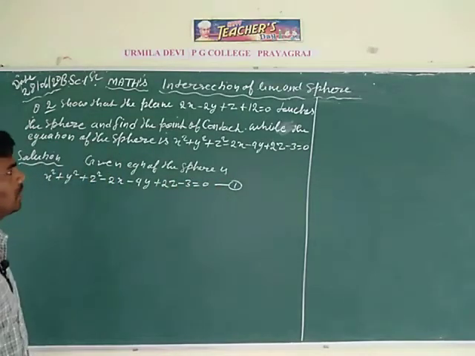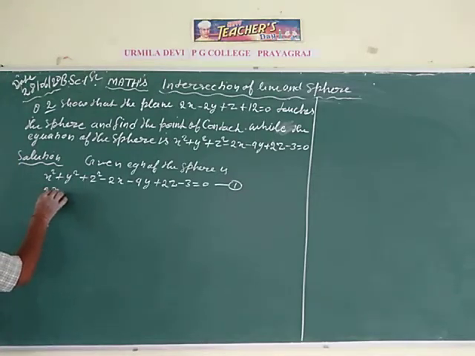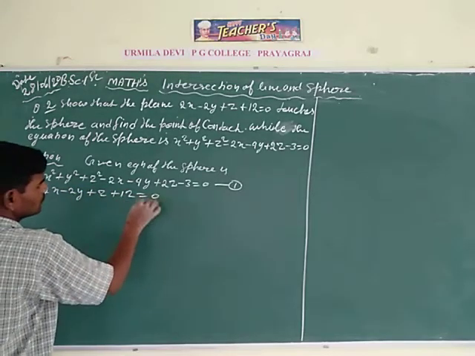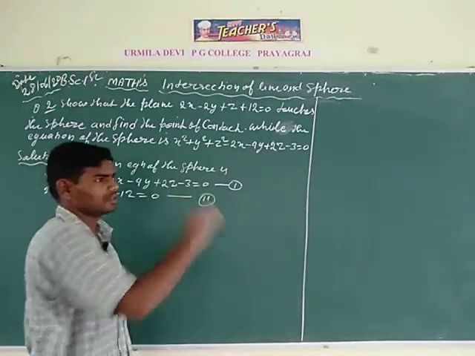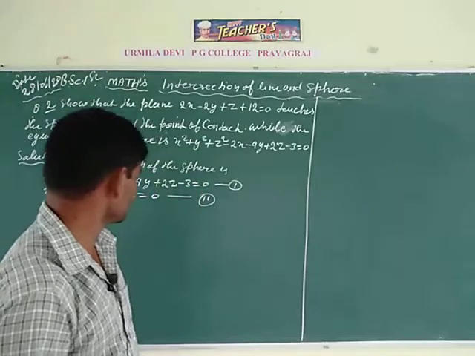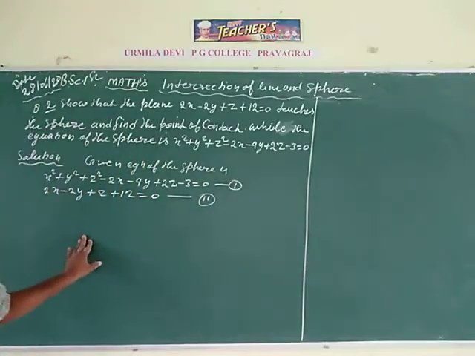And the given plane equation is 2x minus 2y plus z plus 12 is equal to 0, which is represented by the second equation. So in these two equations, first is the sphere equation and second is the plane equation.